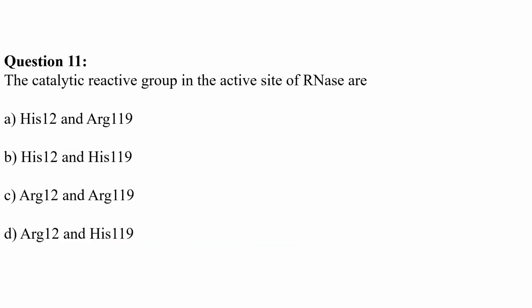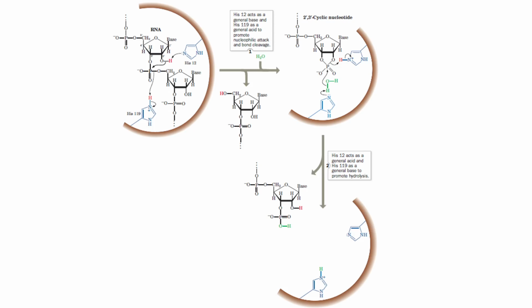The two amino acid residues are actually histidine 12 and histidine 119. Now we will see how. So this is the complete mechanism of ribonuclease. So here you can see this is the RNA molecule. So you have the ribose sugar, where there is an OH at 2 prime and OH at 3 prime, okay.